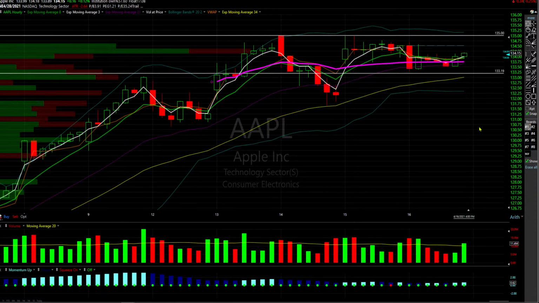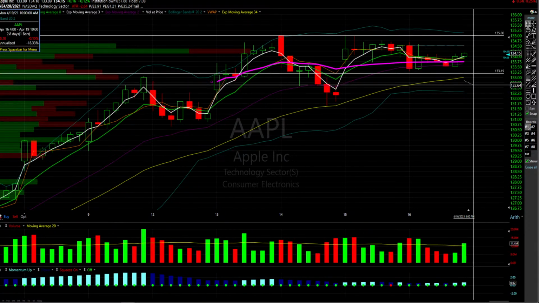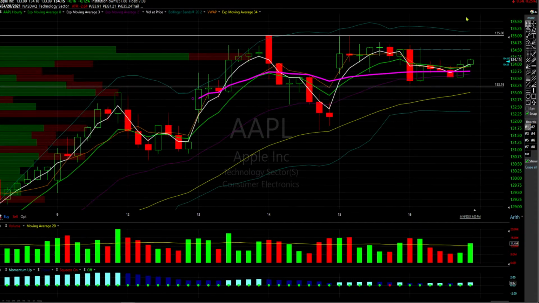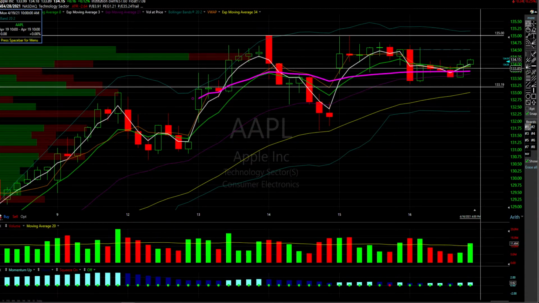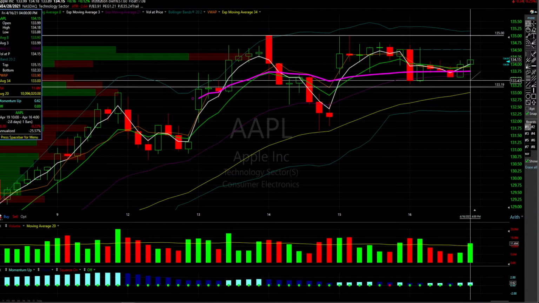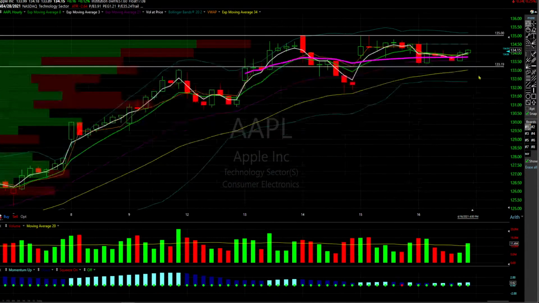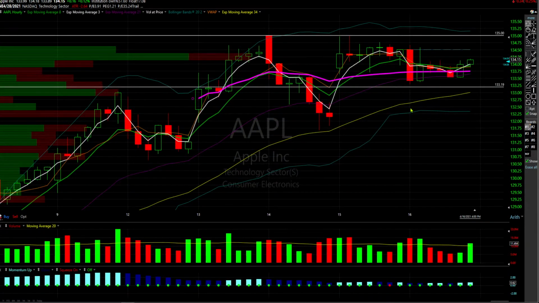So I would love a gap down on Monday to about here to shoot up. If that doesn't happen, a gap up, I would play the back test, the gap fill, or even if we open up flat, maybe we can get a whip down here to fill this gap around 132. But that's how I'm looking to play it.